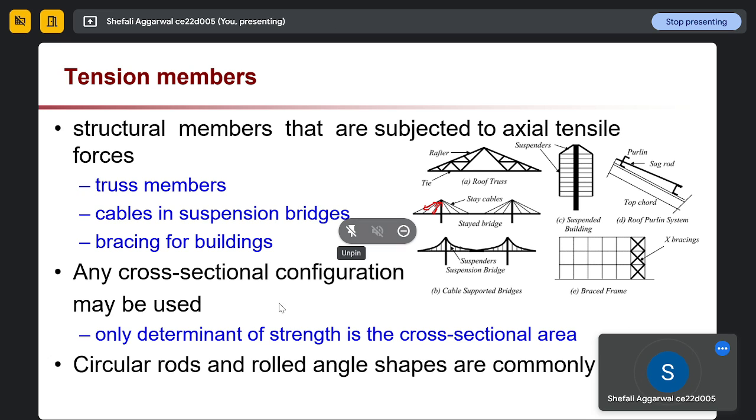Sorry for the distraction. So in case of tension member, the strength will mostly depend on the cross-sectional area of our element. Mostly in tension members, we are using circular rods or angle sections. These are the most commonly used tension members in our steel structure.